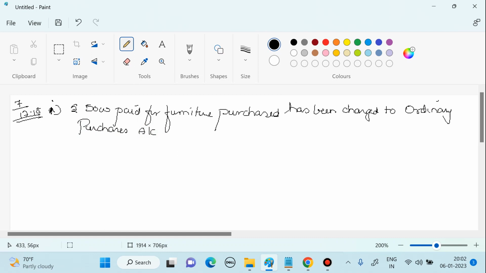So when you purchase furniture, which account should have been charged or debited? Furniture account. But where did they put it? In purchase account. So how to rectify it?